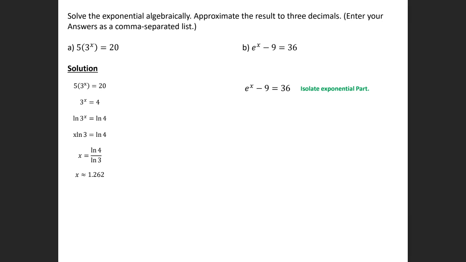And solve for B. Again, we want to isolate the exponent. So let's isolate the exponent by adding 9 on both sides. When we add 9 on both sides, we're going to get e to the x.